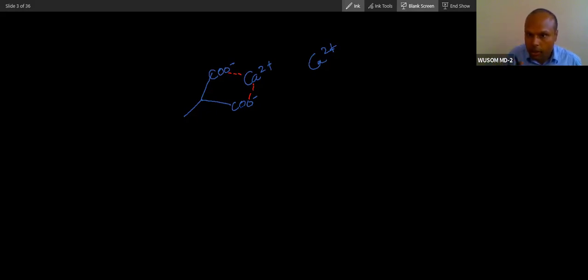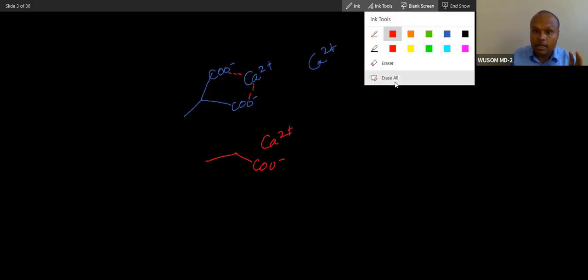Will it become a very suitable compound for binding calcium, gamma carboxylated glutamate? Yes. Now this is the purpose of gamma carboxylation. Imagine if gamma carboxylation is not there, with only one carboxy group, can it hold calcium? No, it cannot hold calcium. This is the significance of gamma carboxylation.